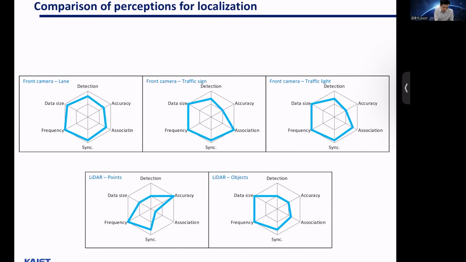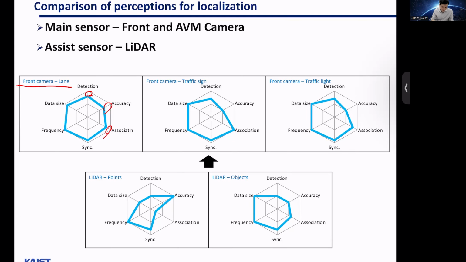For instance, we have to have lane information, and then if we can make up for the detection accuracy and association part, then we are good to go for localization, and we can do that using different techniques, and we'll talk more about that later on.